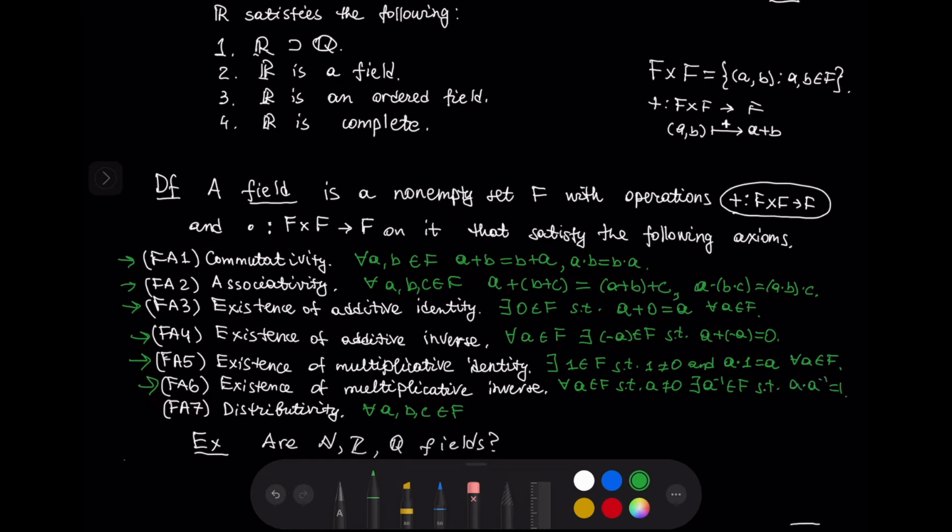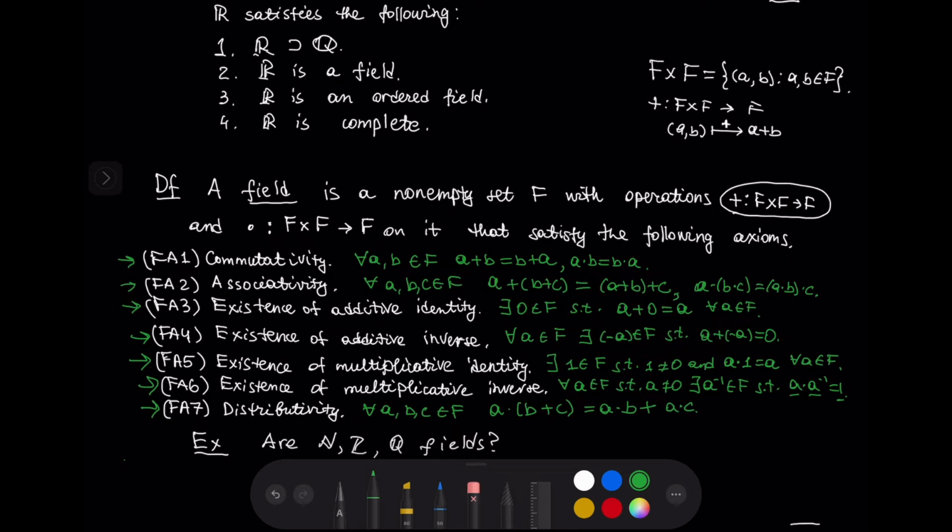To be a multiplicative inverse means that it's an element such that when we multiply it by the element itself, we get 1. The next axiom is distributivity. For all A, B, C in F, A times (B plus C) is A times B plus A times C. All right, so these are the 7 axioms of the field.